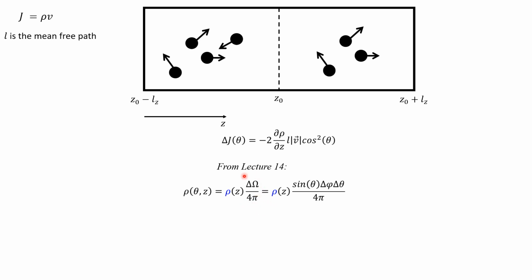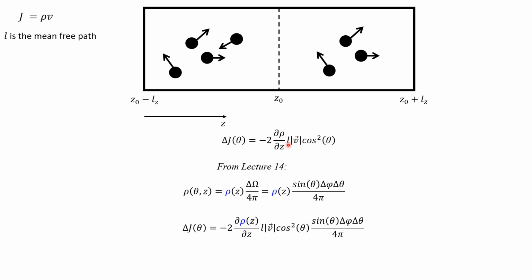So using the expression for the small variation of the solid angle that we also derived in lecture 14, we get that the concentration of this group of particles is given by the total concentration times the sine of theta times delta phi times delta theta divided by 4 pi. So since this derivative here is with respect to the concentration of particles whose velocities make an angle theta, it's the derivative of this term here.